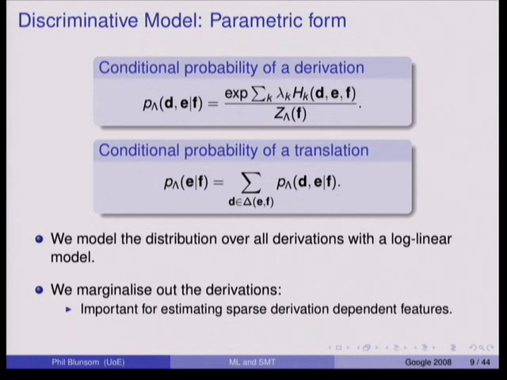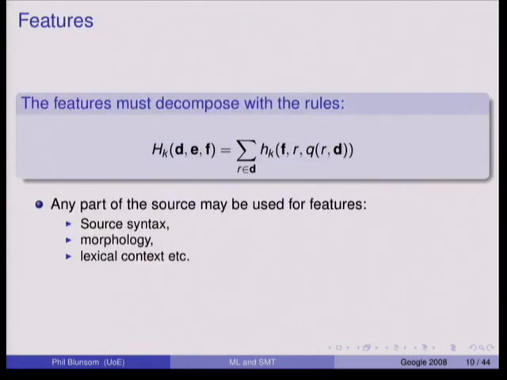And this step, although not done in current translation systems, we need to think about this if we want to have large sparse feature sets with millions of features. And so it's something we need to take into account. And we want to have large sparse feature sets. So the most interesting thing about this modeling, and the whole reason we might be interested in it, is so we can have interesting features.